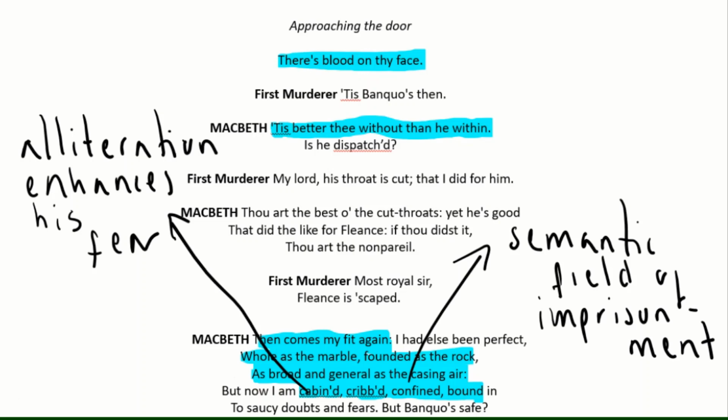Which shows that Macbeth is hindered by the failure of this plan. Pause here if you need a second. If not, I'm going to move forward.